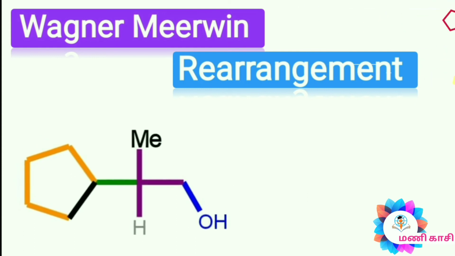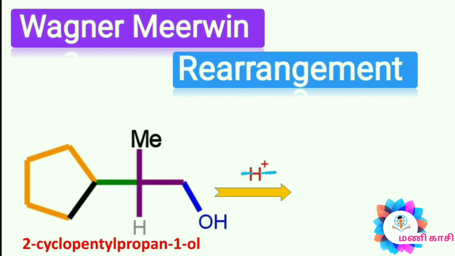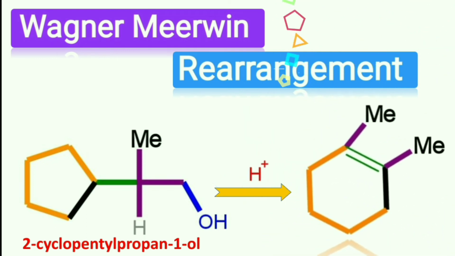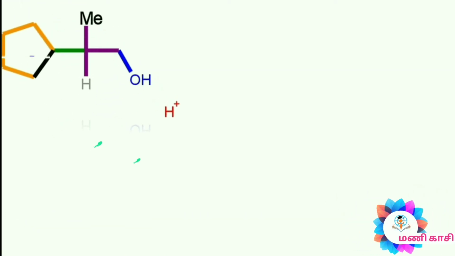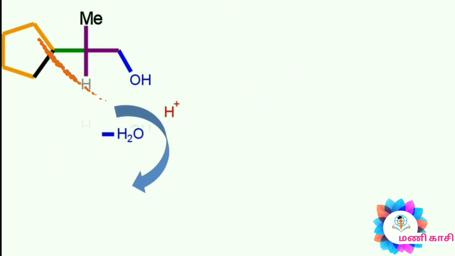In this case, 2-cyclopentyl propanol reacts with sulfuric acid and gives 1,2-dimethyl cyclohexene. Mechanism of this rearrangement. Step 1, leaving of a water molecule, and it gives a carbocation.